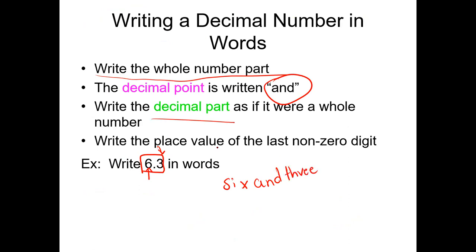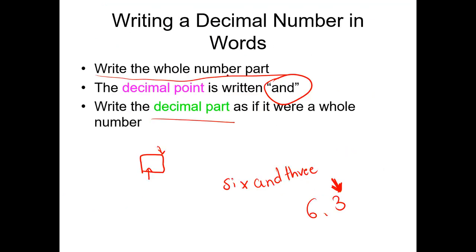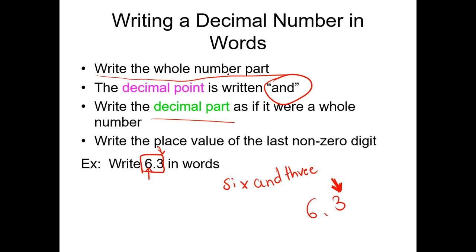At the end, we write the place value of the last non-zero digit. What is the last digit here? It is 3, in 6.3. What is the place value of 3? In the decimal part we have to start with what? Go back. We have to start with tenth. The place value in the decimal part of the first digit is tenth. So what is the place value of the 3? We start with tenth, hundredth, thousandth, and so on.